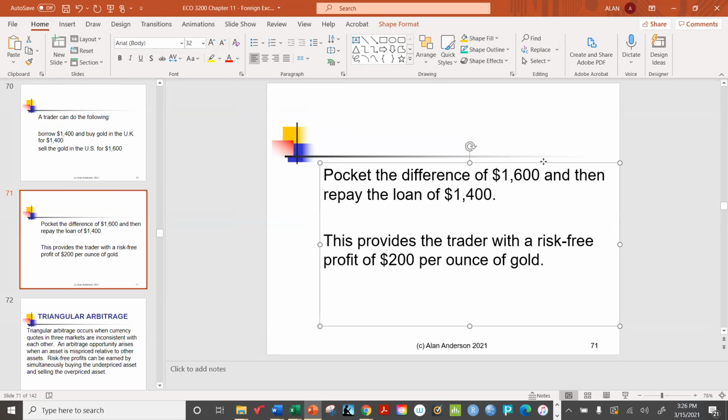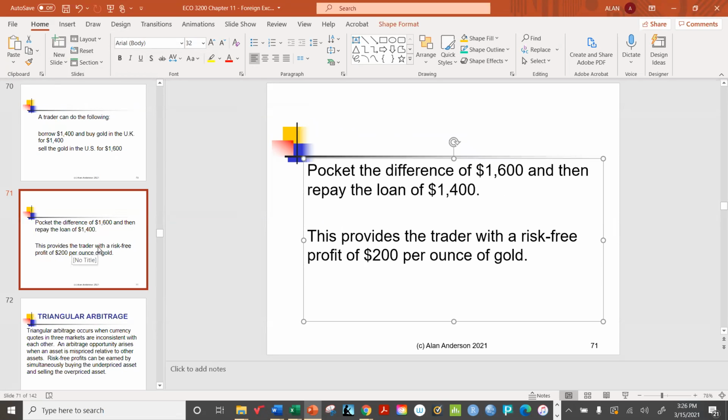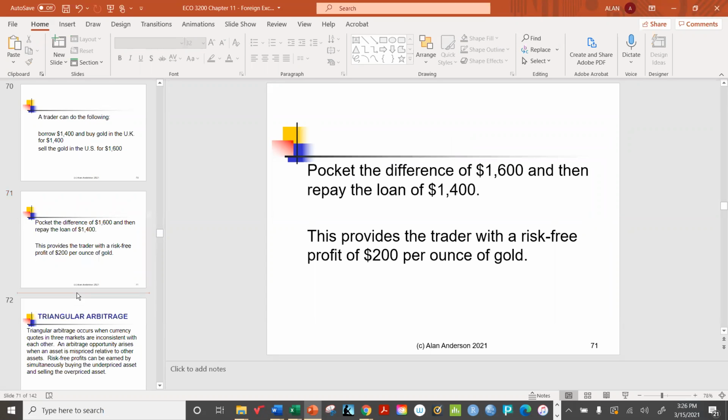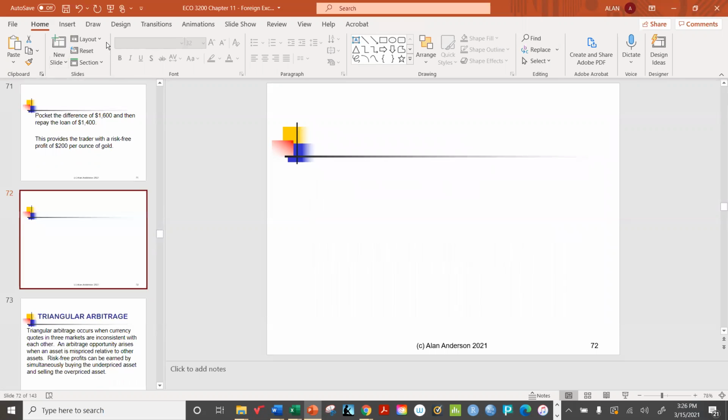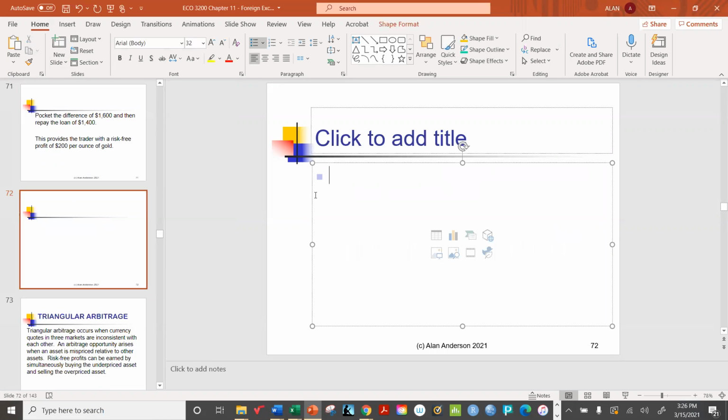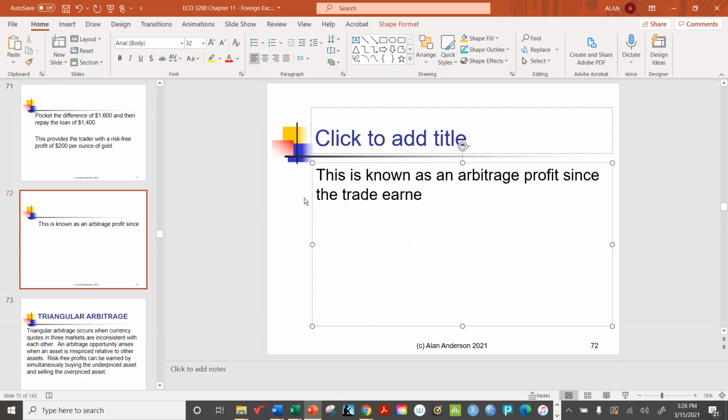But just because of the mere fact that the gold price was different in the two countries made it possible to make money by exploiting the difference in the prices in the two countries. So this is known as an arbitrage profit, since the trader earned $200 without investing his own money or taking any risks.